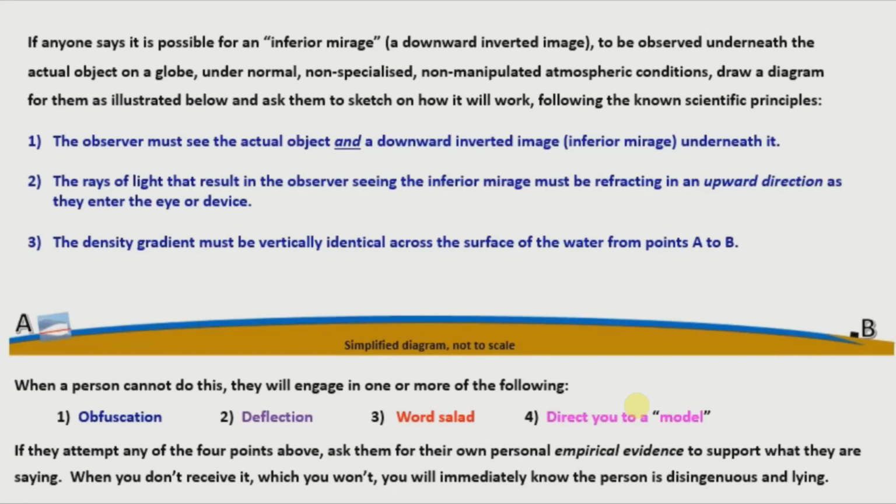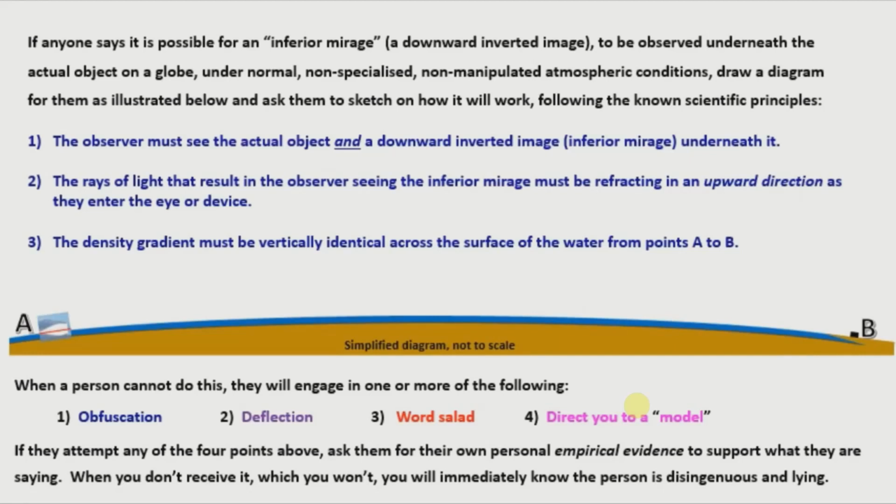1. The observer must see the actual object and a downward inverted image, inferior mirage, underneath it. 2. The rays of light that result in the observer seeing the inferior mirage must be refracting in an upward direction as they enter the eye or device. And 3.